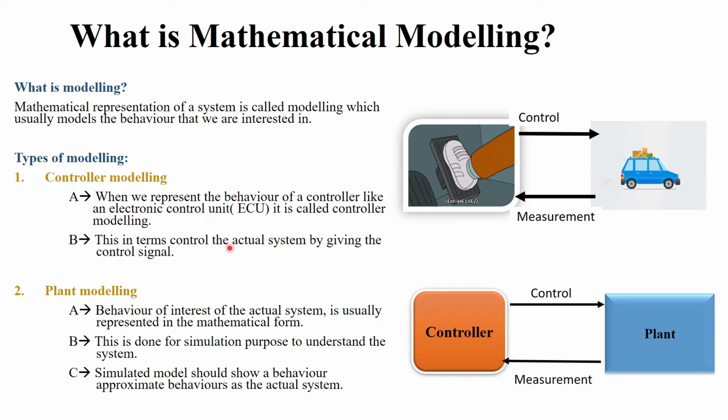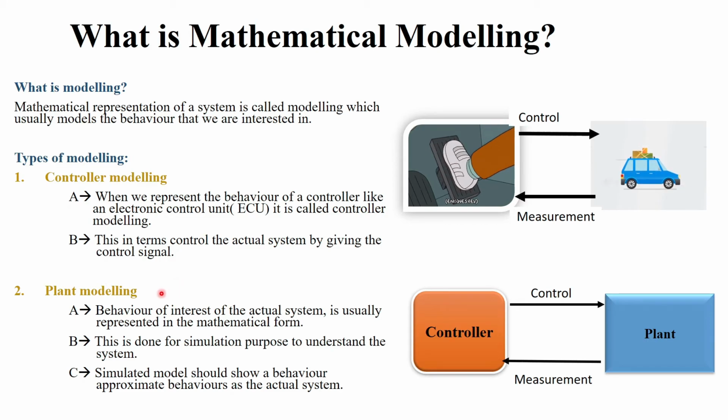In turn it will control the actual system, and it will try to manipulate the behavior of the system. So this type of modeling is called controller modeling, in which we develop the controller of the system.